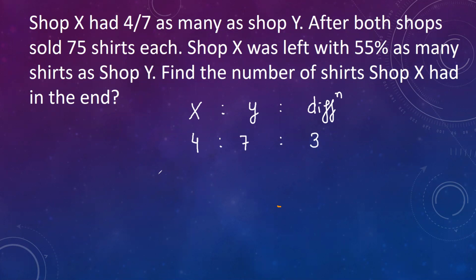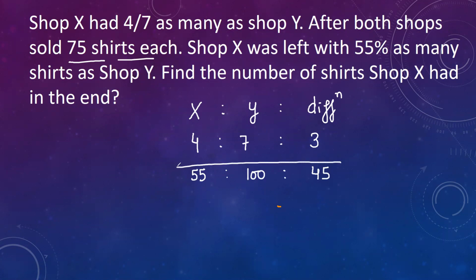Now what happened? After both shops sold 75 sets each, they had sold equally, so the difference will be constant. Shop A was left with 55%. So this will be 55, this will be 100, and the difference will be 45.